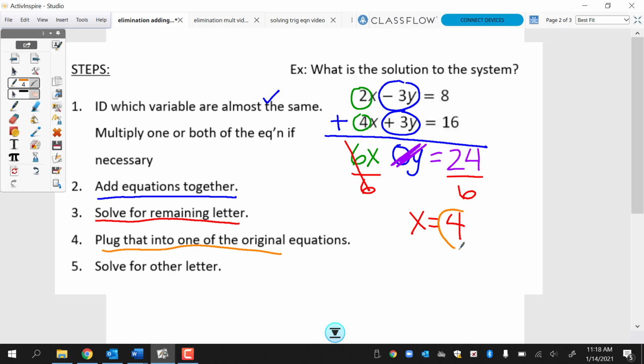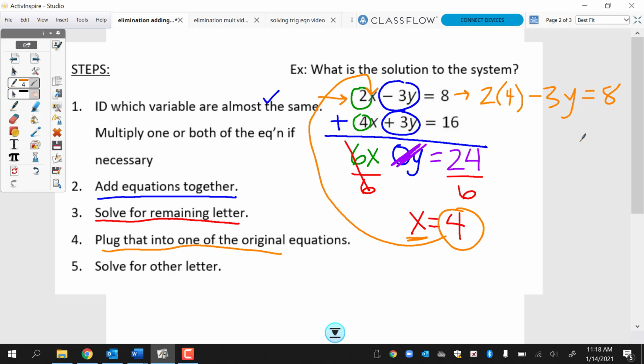I'm going to plug it in for the letter x because it said x equals 4. I usually just plug it into the first equation. That just makes life easy if I always plug it into the same one. So I'm going to put this where the x was. So now this has turned into 2 parentheses 4 minus 3y equals 8.